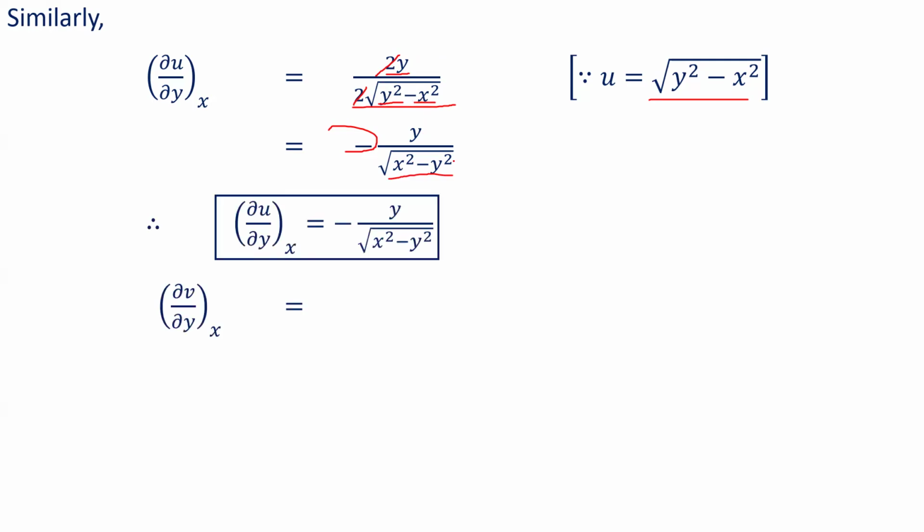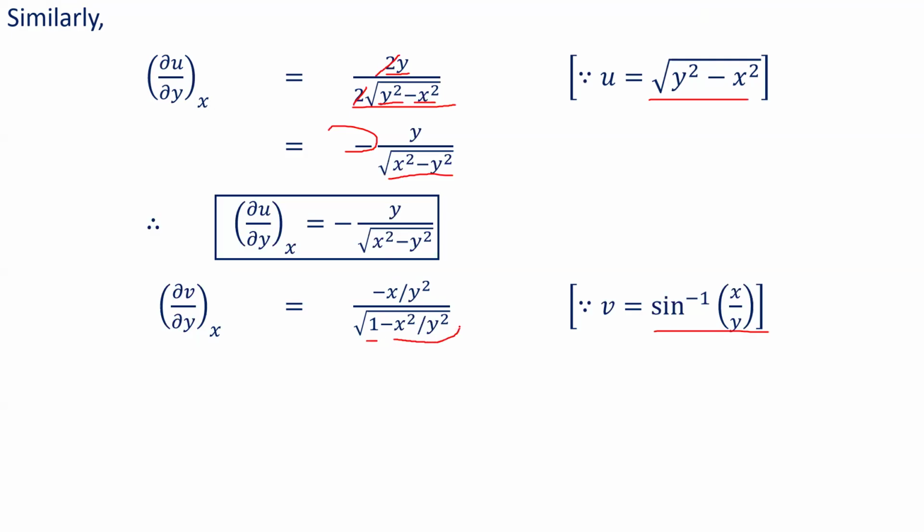In the same manner, if you want to find the partial derivative of v with respect to y when x is constant, what is v? V is nothing but sine inverse of x by y. So 1 upon, again, the derivative of sine inverse is 1 upon root of 1 minus x square, so we write x square upon y square, and then again the derivative of x by y with respect to y, as we have already seen in the previous example.